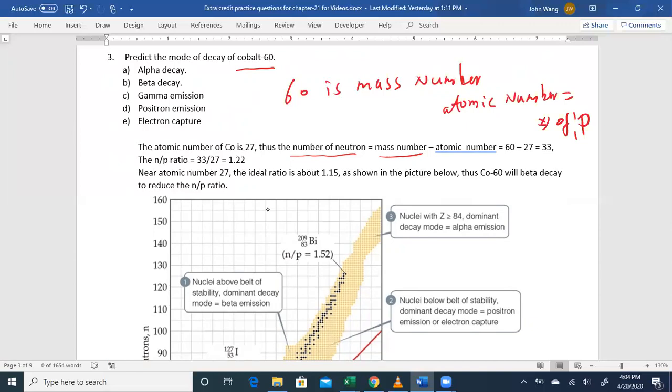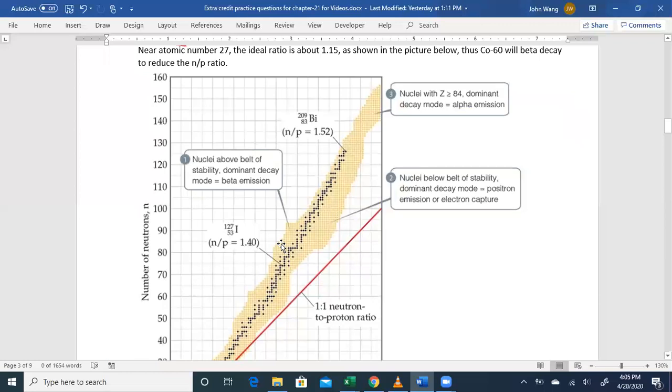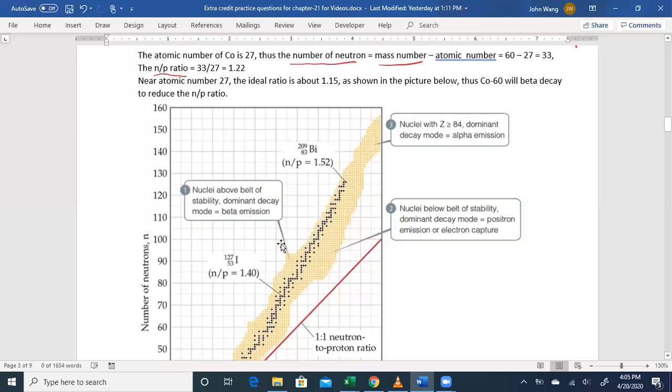So then you want to take the neutron to proton ratio. You just take the neutron number, which is 33, divided by the proton number 27, equals 1.22. And then we use the belt of stability, and we can see near atomic number 27, the ideal ratio is 1.15.